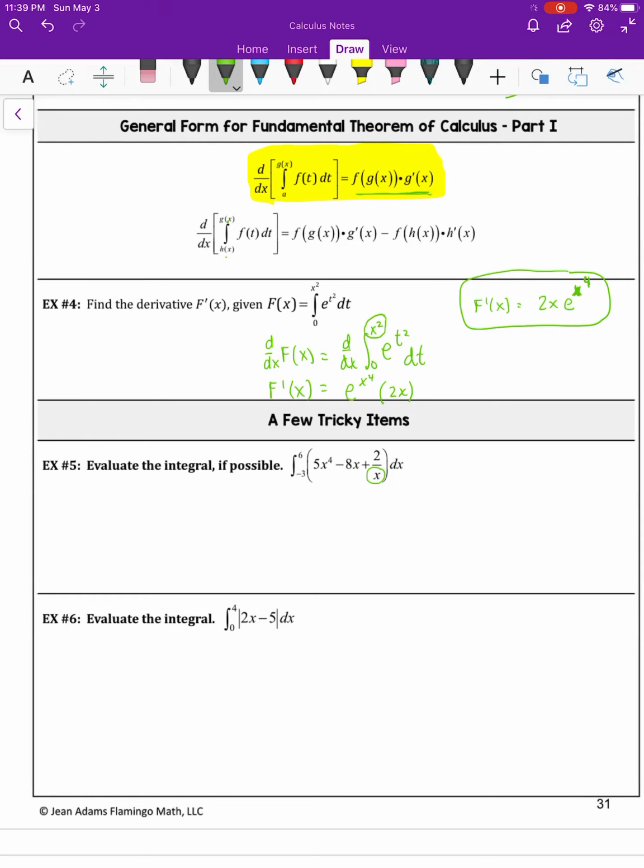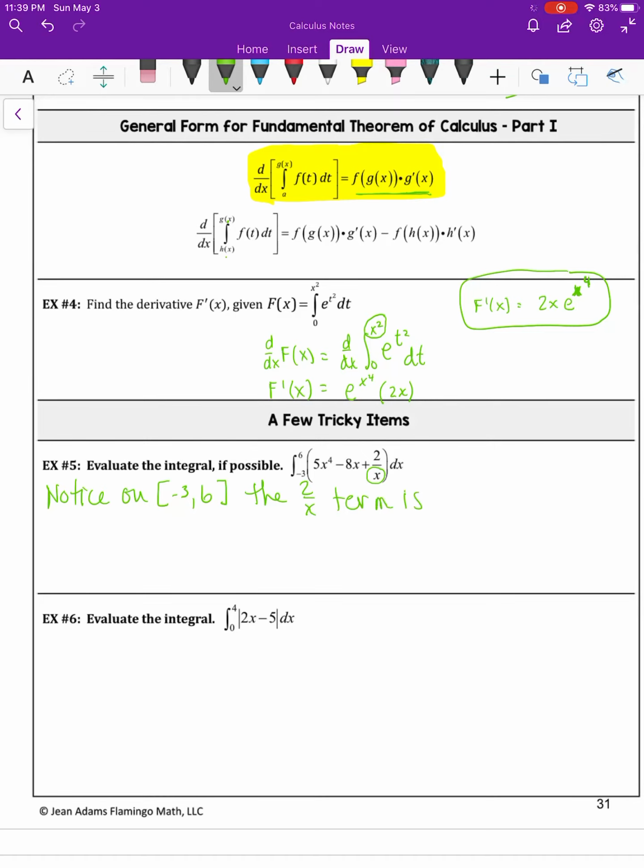Evaluate the integral if possible. The integral from -3 to 6. What I think of is that -3 to 6 includes 0. But look, that part of your function is not defined at 0.